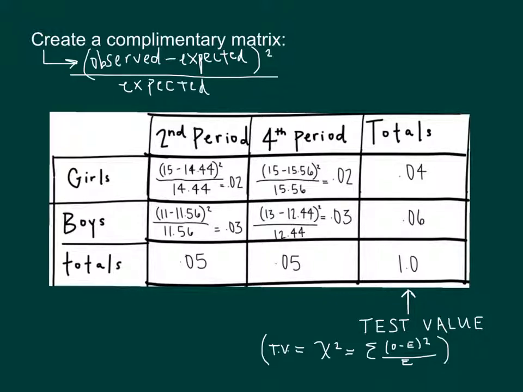Also, the test value is equated, and you can find that on the grand total, which is the lower right-hand box. In this problem, the test value is 1. You can also find the test value by doing the equation chi-square equals sigma multiplied by observed minus expected squared divided by the expected.